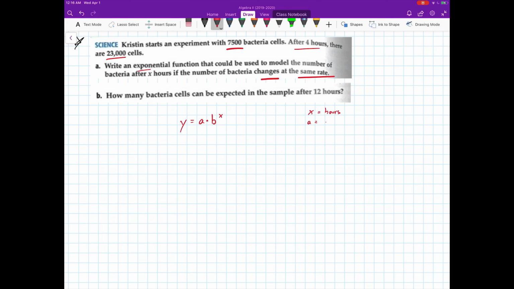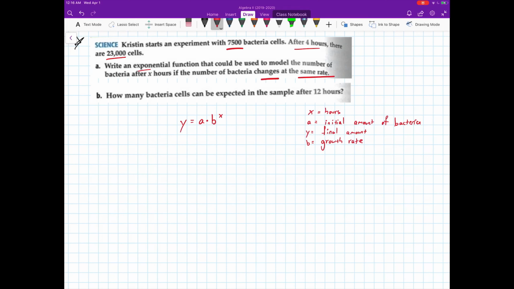A is going to be your initial amount of bacteria, and y is your final amount, or the amount after a certain amount of time. So our goal is to figure out what b is right now, because we want the growth rate.